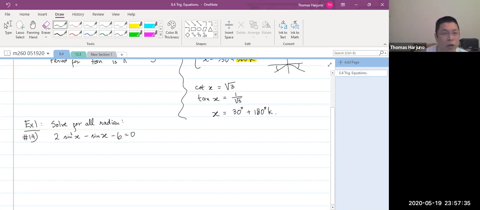Now, this is a quadratic-like equation, right? So I factor it. If it is not factorable, then you can use completing the square or the formula. So sine x equals negative 3/2, which means what will x be?